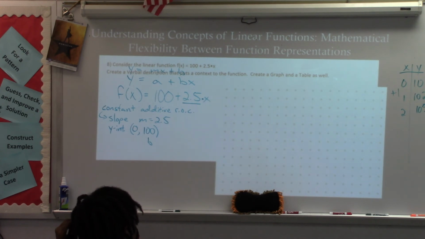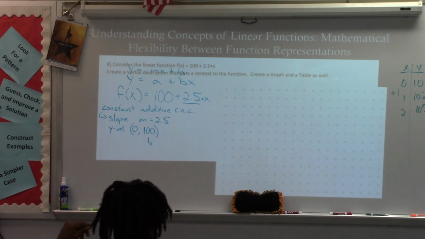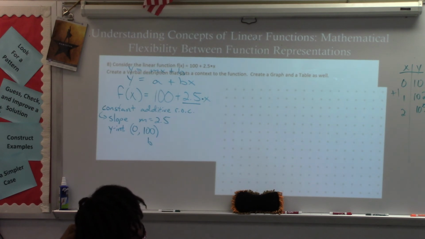Is that the correct slope? What's the correct slope? 2.5. So is that the correct slope? No. So maybe not plus 5, but maybe plus 10? 25 divided by 10 would be what? 2.5. Let's check it, right?